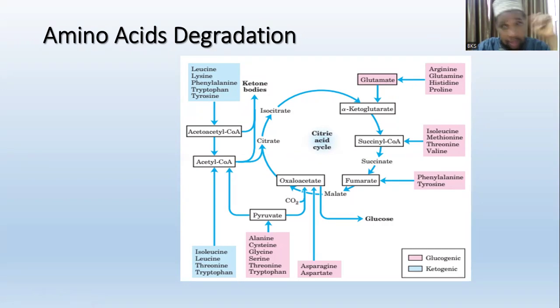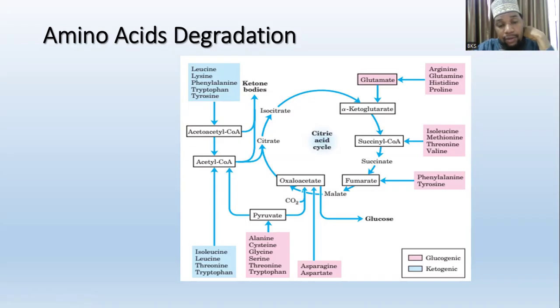Just as we started our discussion, today we are going to be discussing amino acid catabolism. Remember, while talking about the amino acids in the biological system which contribute to the amino acid pool, we made mention of several pathways.